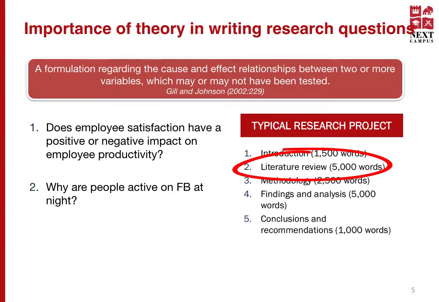But look at number 2, literature review. Which of these two research questions will help you to do a literature review better? If you take the first one, you can do the literature review around employee satisfaction and employee productivity. Both are well accepted management concepts.